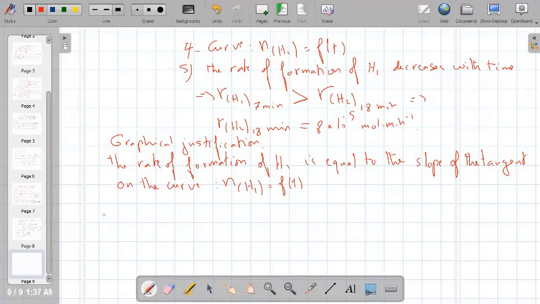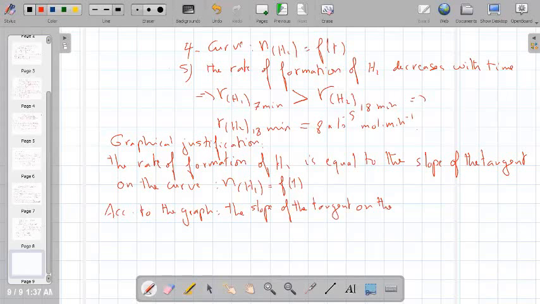According to the graph, the slope of the tangent on the curve is maximum at t equals 0, then it decreases with time.